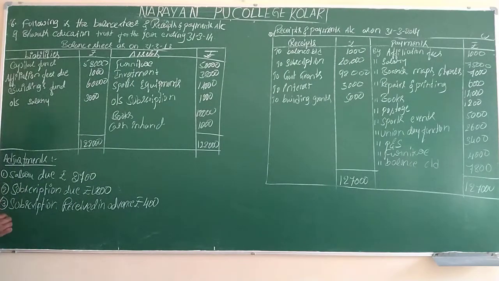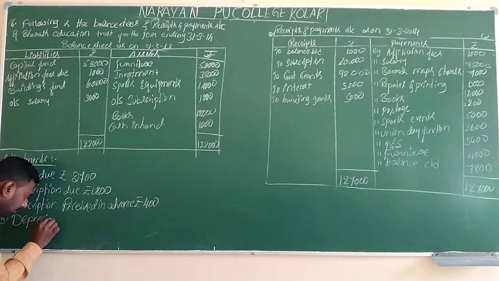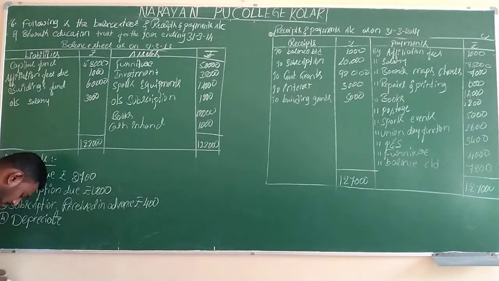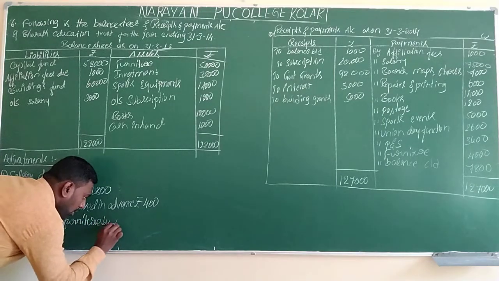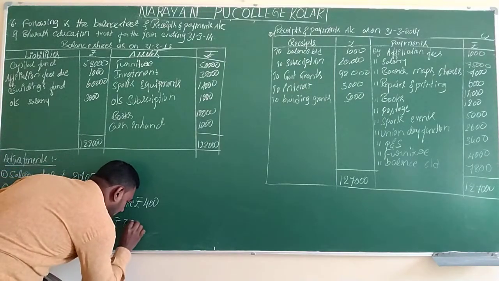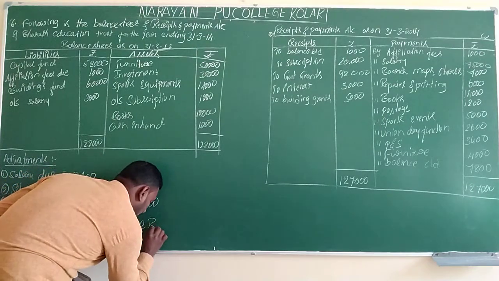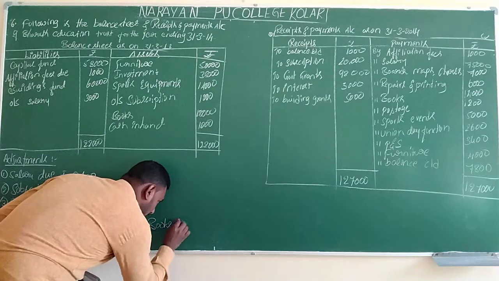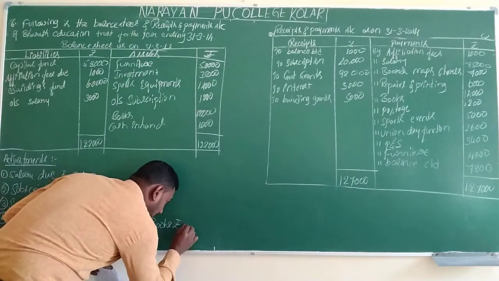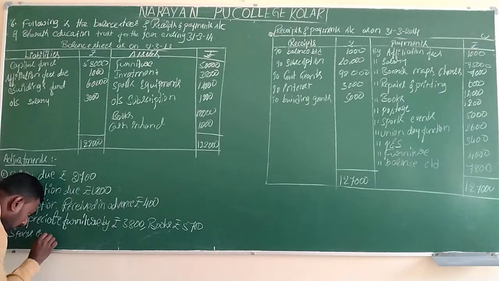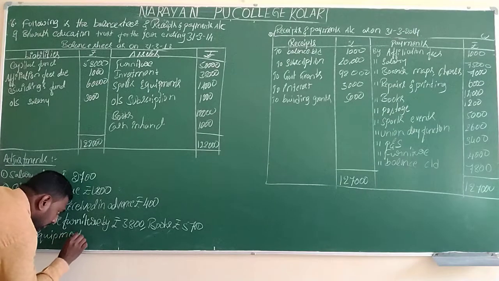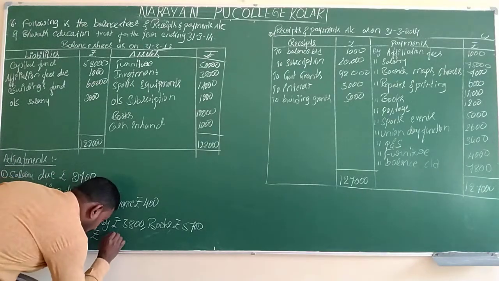Adjustment number 4, depreciate furniture by rupees 3,800, books rupees 5,700, sports equipments rupees 2,000.